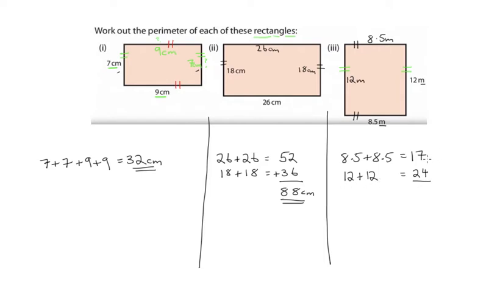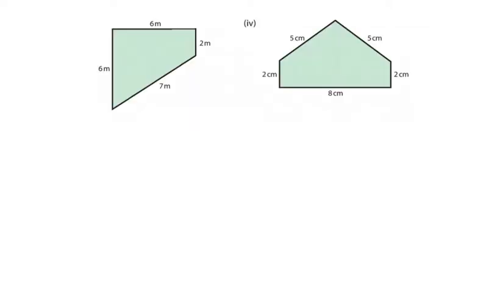Now, if you're doing it the old-fashioned way, the way I do it is 7 plus 4 is 11. Carry the 1, and 2 plus 1 plus 1 is 4. So the answer is 41 meters for this one here. Hopefully you got that. Okay, so let's get rid of that and move on to slightly different shapes.